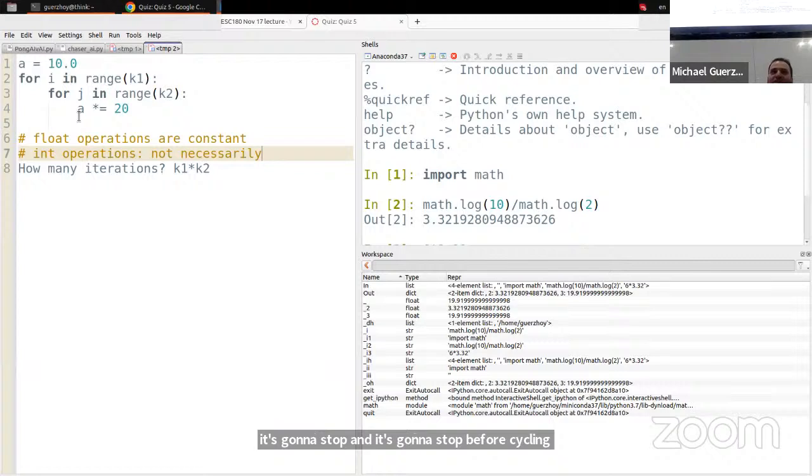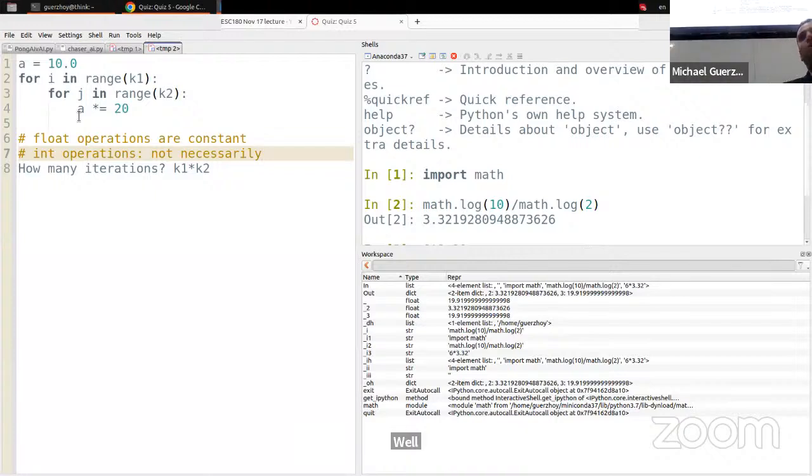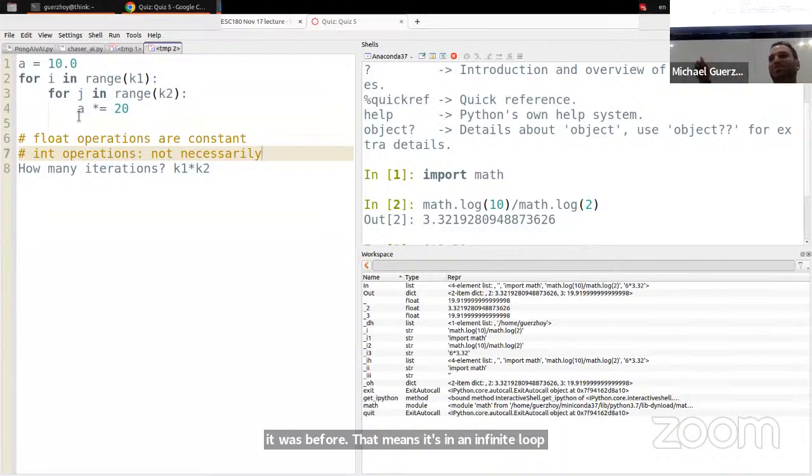The other possibility is that one bit changes, another bit changes, another bit changes, and eventually the computer comes back to exactly the state it was in before. If everything in the computer is exactly the same as it was before, that means it's in an infinite loop because it's just going to go around and around.